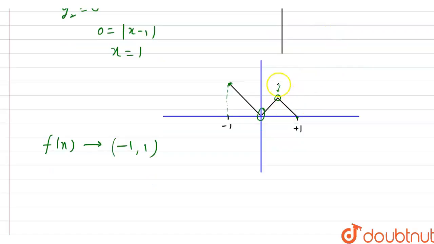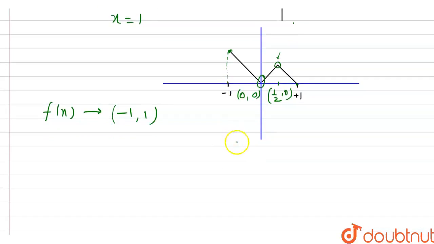Here you can clearly see that this point must be 1/2, and we can say it is (1/2, 0). This is the point, and this is the origin, which is (0, 0). So we can say that it is non-differentiable at the points 0 and 1/2, when my x belongs to 0 and 1/2, only 2 points.